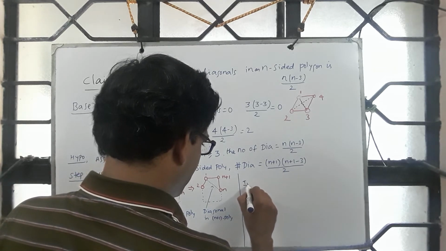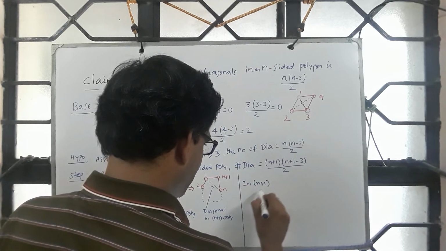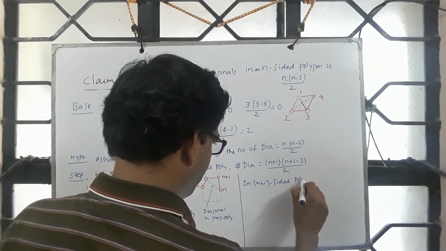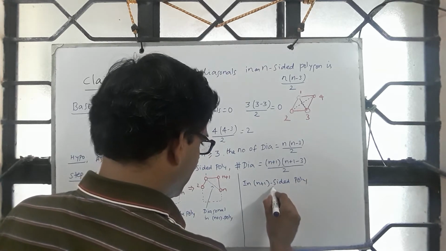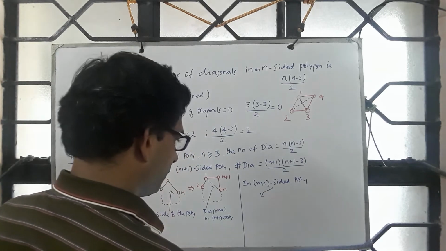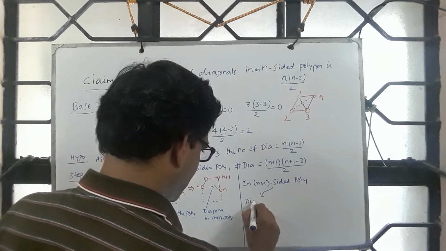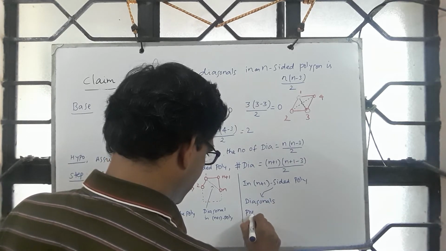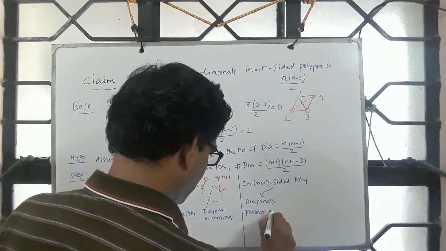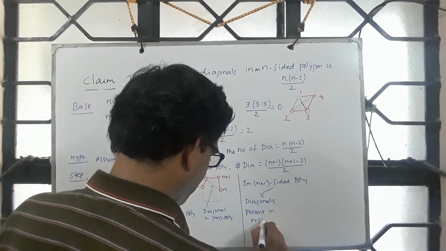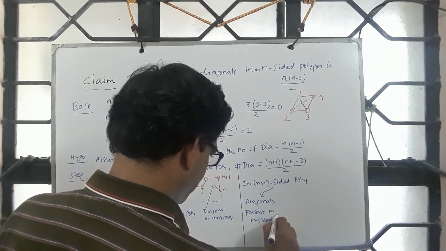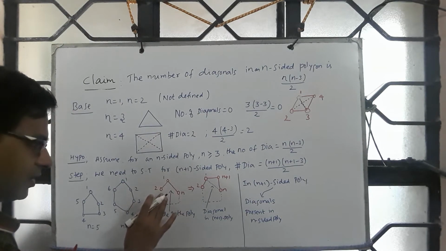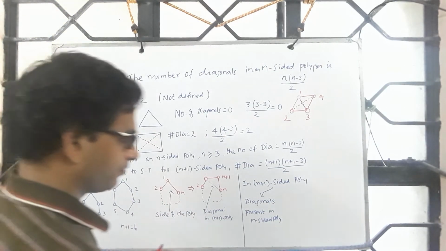So, in an n plus 1 sided polygon, there are 3 types of diagonals. One, diagonals present in the n-sided polygon. Whatever diagonals you have here, they will continue to be there.